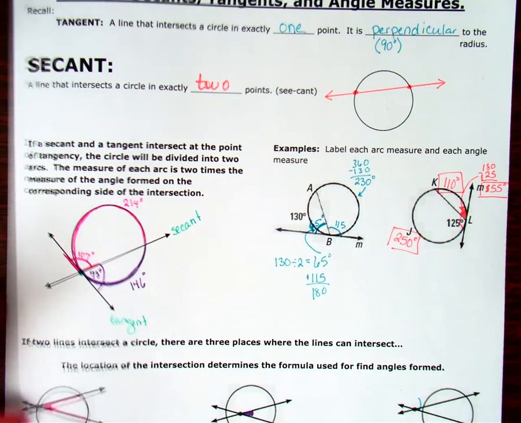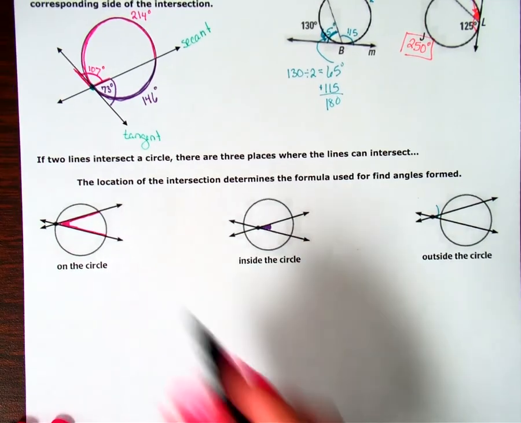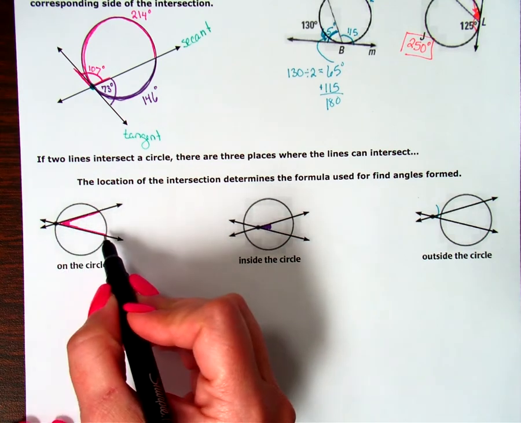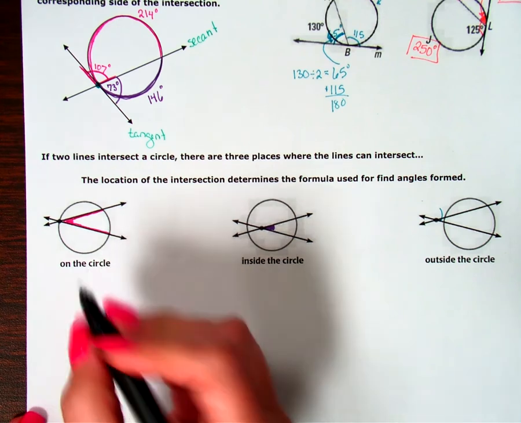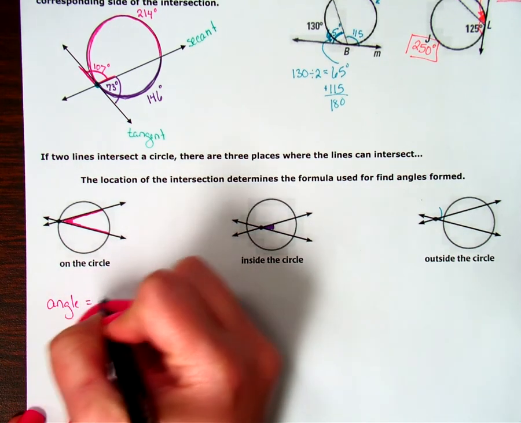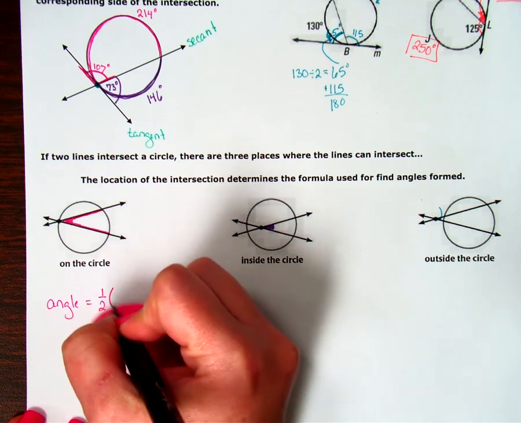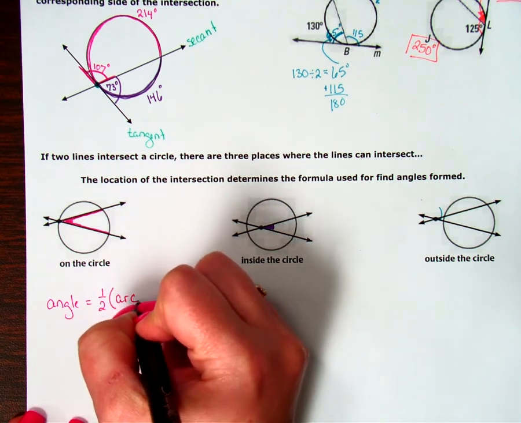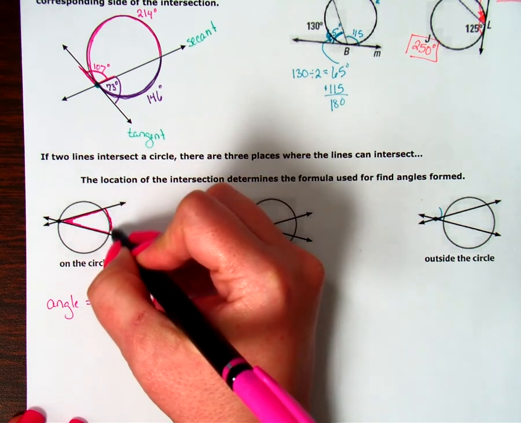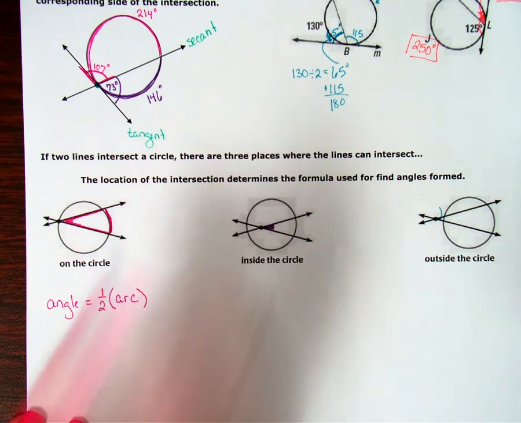So whether you look like this new situation that we discussed today, or if you look like the old inscribed angles that we did in the previous lessons, we know that when we're on the circle, the angle is going to be 1/2 whatever the intercepted arc is. Okay, 1/2 of this intercepted arc.